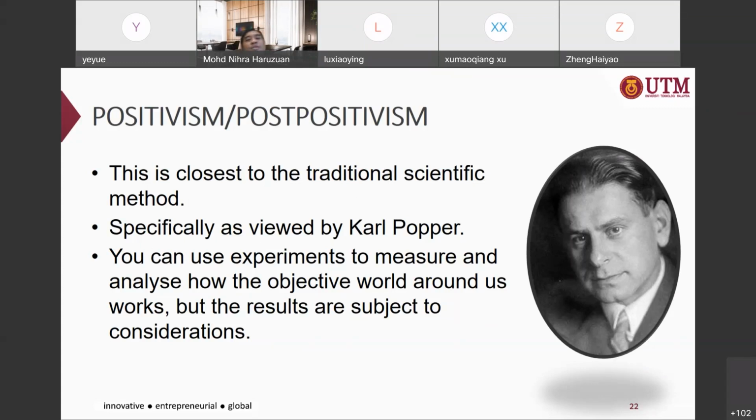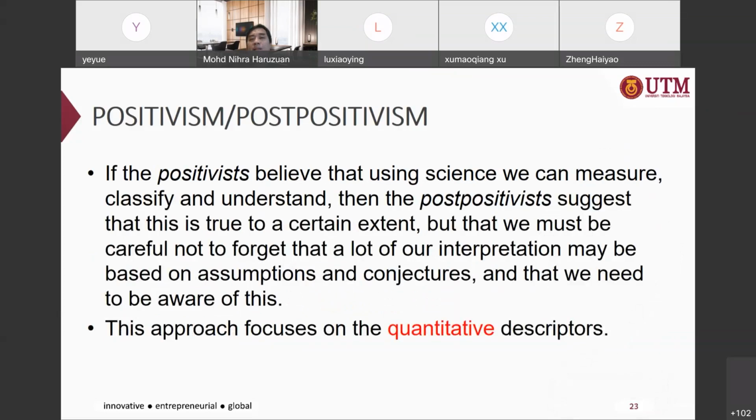You can use experiments to measure and analyze how the objective world around us works, and the results are subject to considerations. The positivists believe that using science we can measure, classify, and understand. The positivists suggest that if this is true to a certain extent, we must be careful not to forget that our interpretation may be based on assumption.